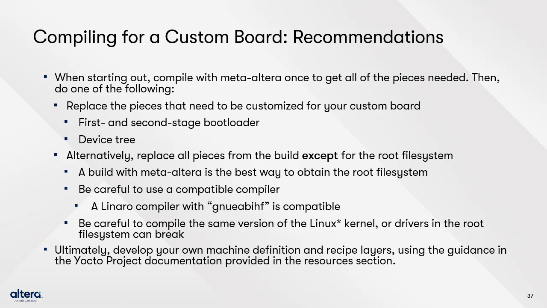Also be careful to stick with the same Linux version that you chose for the Meta Altera build, or the drivers in the root file system could break. Ultimately, you might want to develop your own BSP recipe layer. Visit the link in the resources to learn more about doing this.